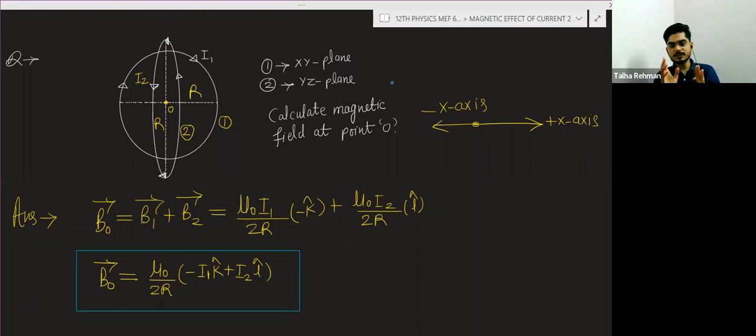Just note it down now. If the coil is in the xy plane, and if anyone asks you what will be the direction of magnetic field at the center, definitely the direction of magnetic field is along the z-axis, but positive or negative will be decided by the direction of the current.